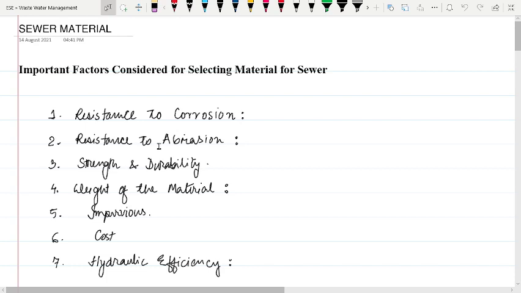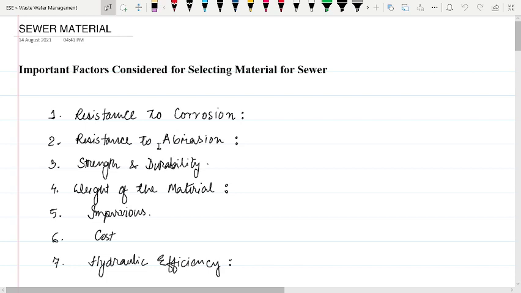Any material by which we construct a sewer must be resistant to corrosion. Obviously, in the sewer there might be various kinds of chemicals, of acidic and basic or alkaline nature, which will corrode the inner surface of the sewer depending on the material.